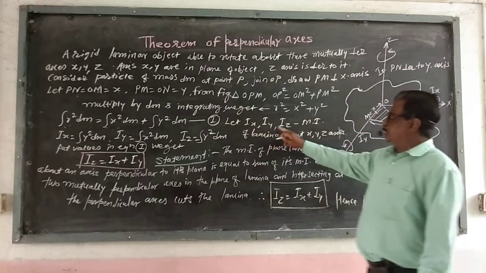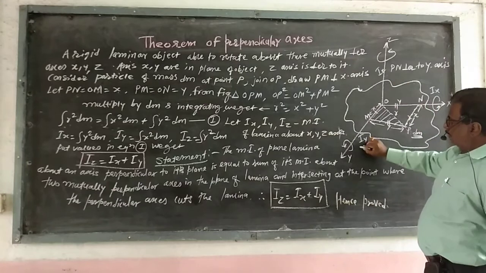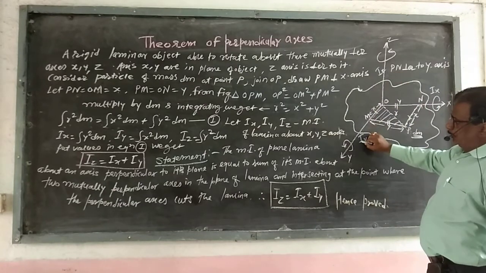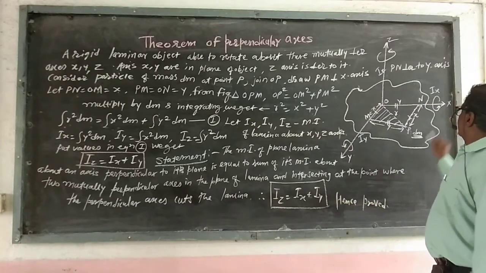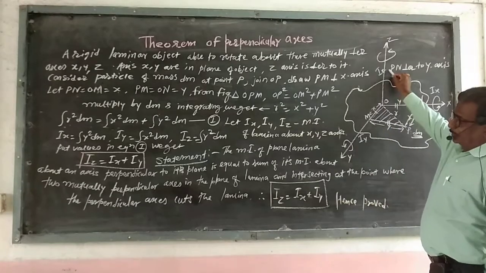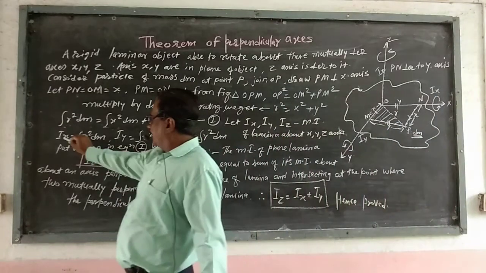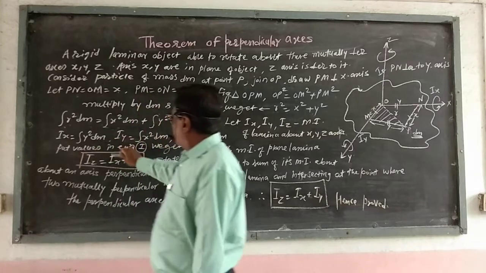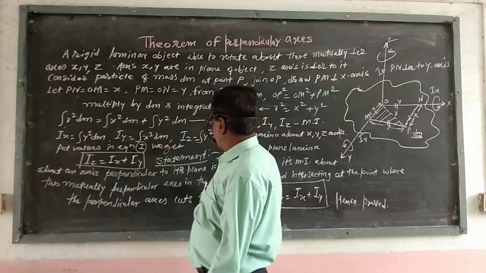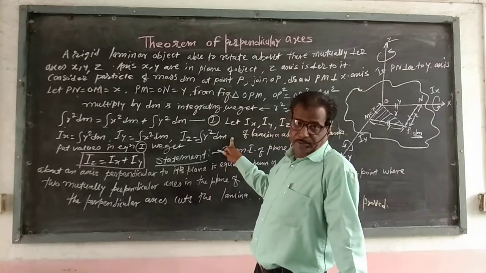Let Ix, Iy, Iz be the 3 moments of inertia of the lamina about the x axis, y axis and z axis. Then Ix is equal to integration of y square dm, Iy is equal to integration of x square dm, and Iz is equal to integration of r square dm by definition.